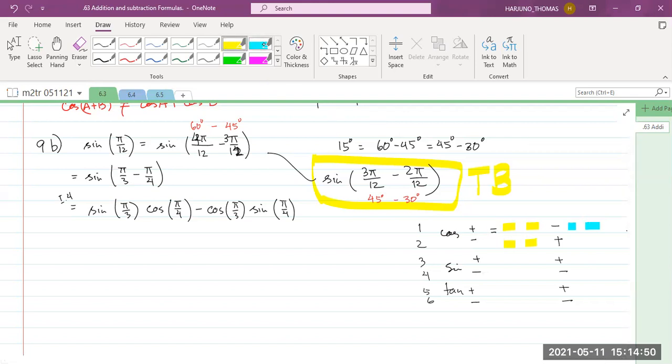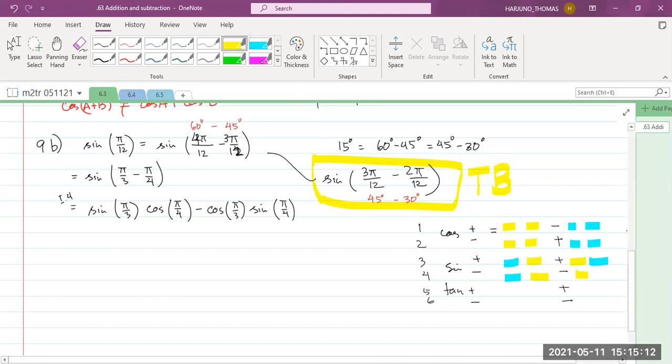Cosine, cosine, sine, sine. Sine, cosine, cosine, sine. Sine, cosine, cosine, sine.